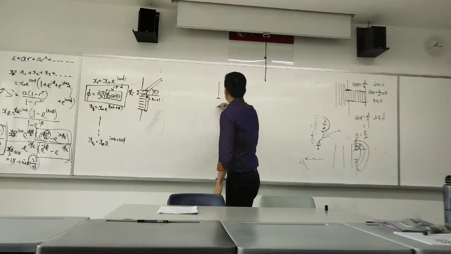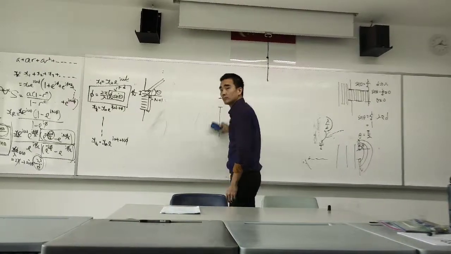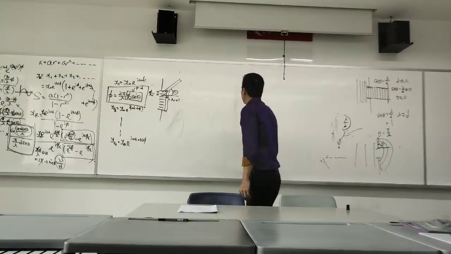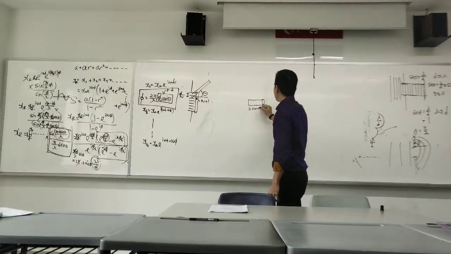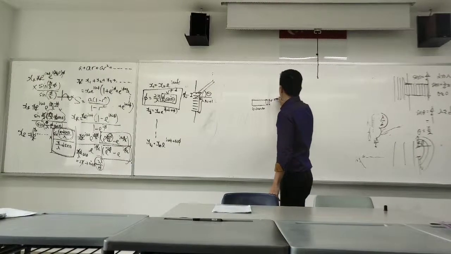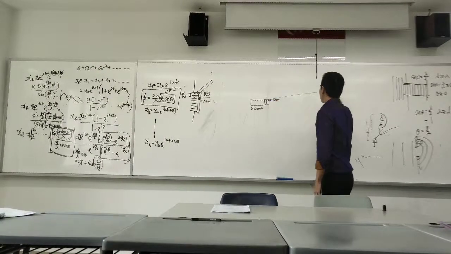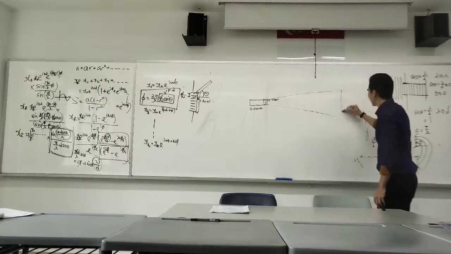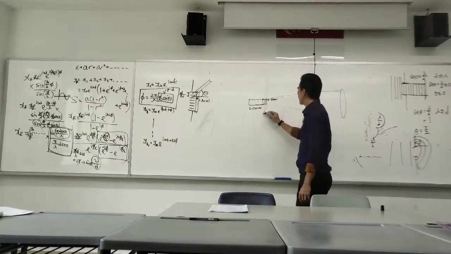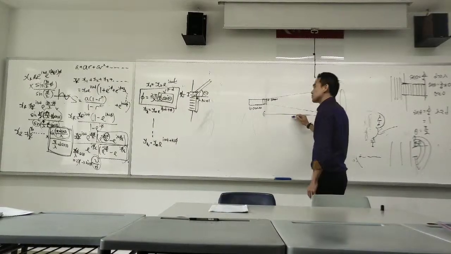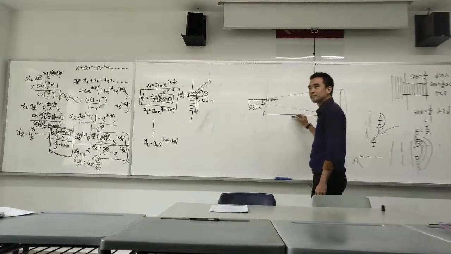Here's the question: 600 nanometers, 0.5 mm, 0.4 mm, and this is 100 meters.